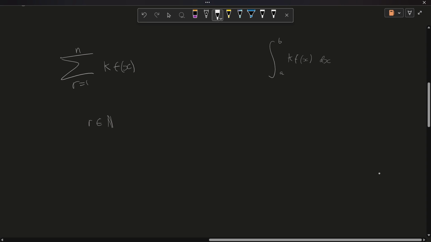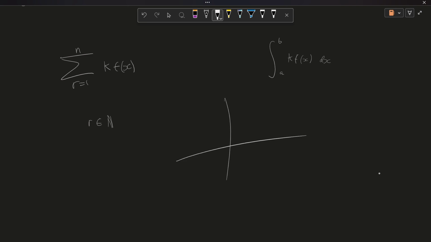While integration just works with, well, almost anything. Anyways, integration is not discrete. So let's say you had a graph.